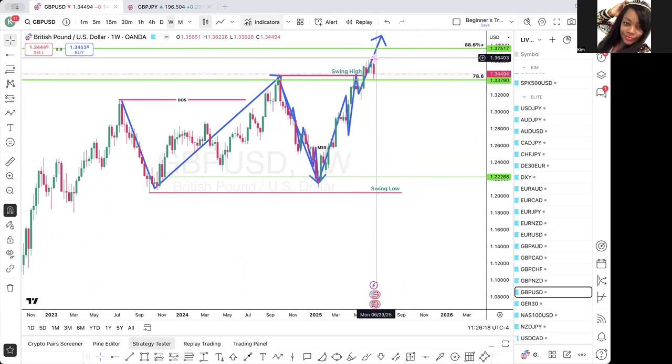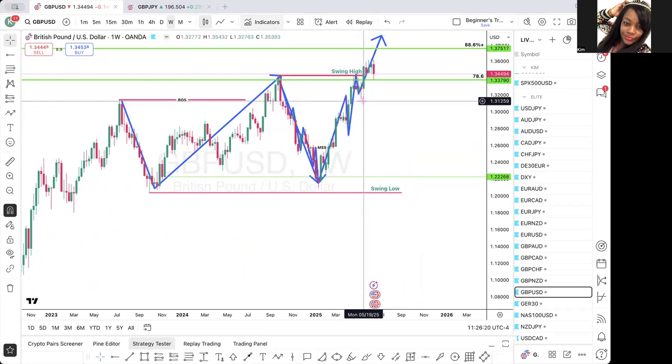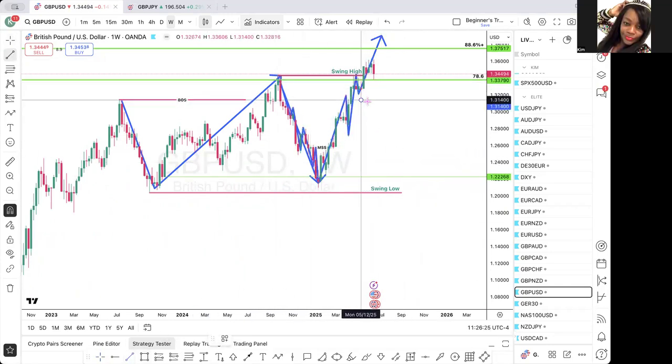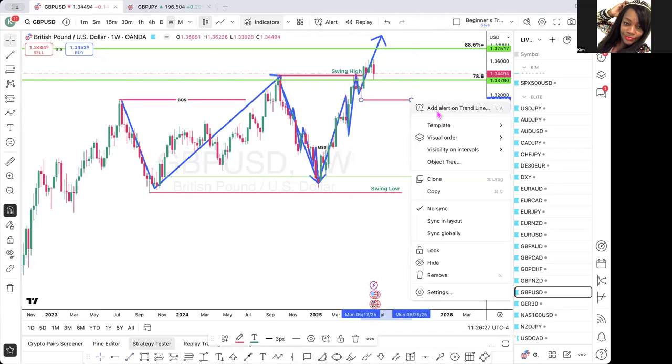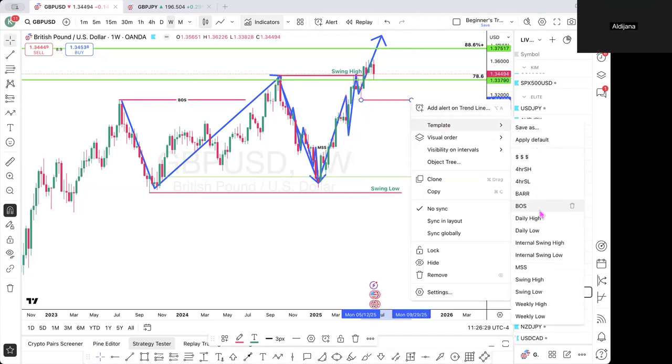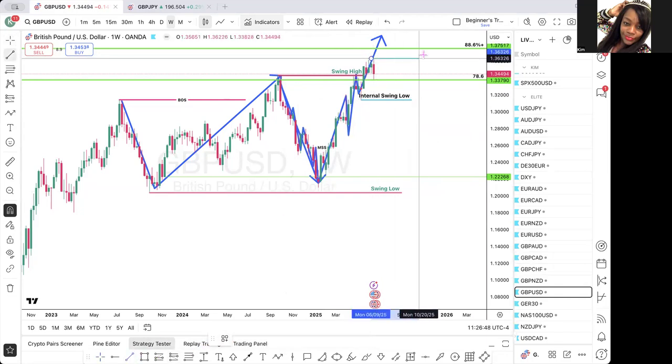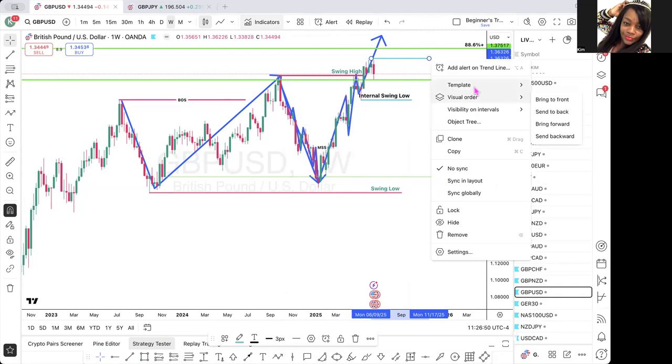Now the internal swing high, this is the internal swing low. So because it tapped my 78 and did not give me what I was looking for, which was a shift in structure, now I'm looking for it to go to the 88 to see if it turns around to give me a shift in structure. Okay, makes sense. Thank you. Okay, you're welcome. Swing low, internal swing low, and then this is my internal swing high. And that was a great question, by the way.